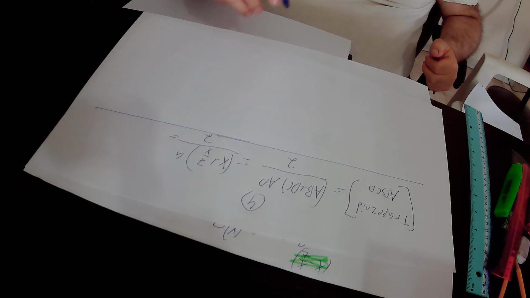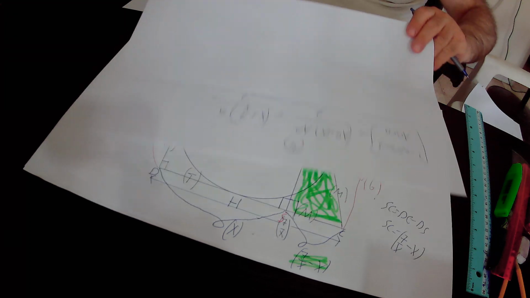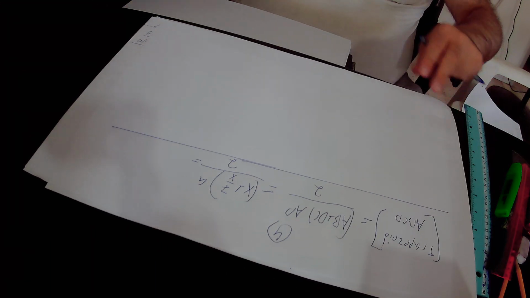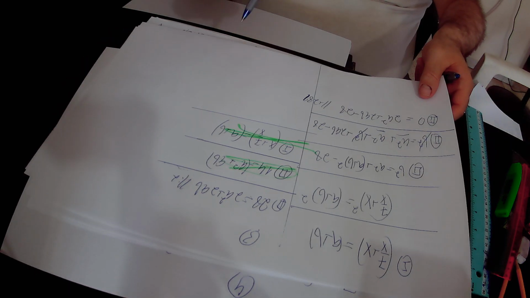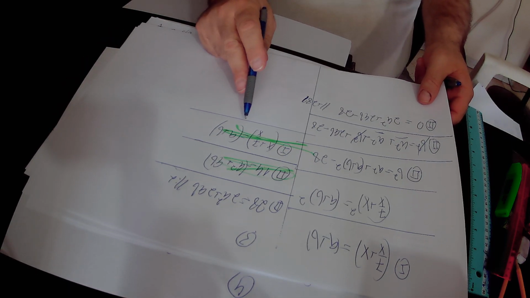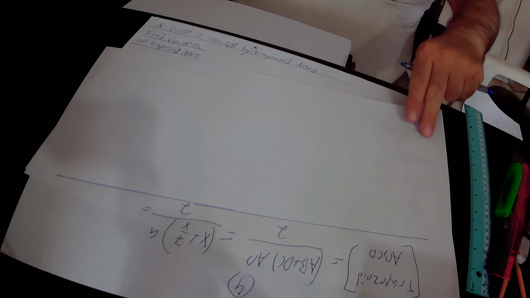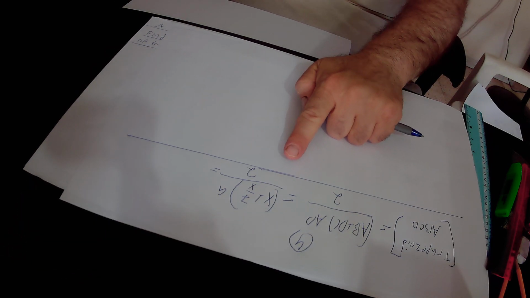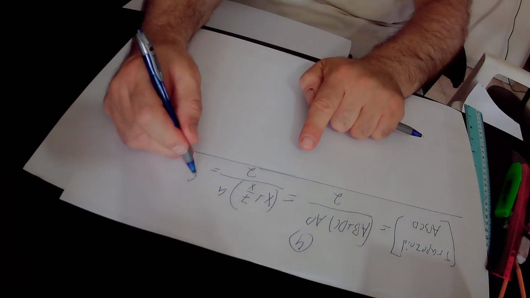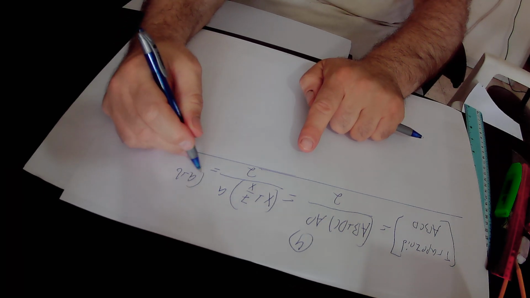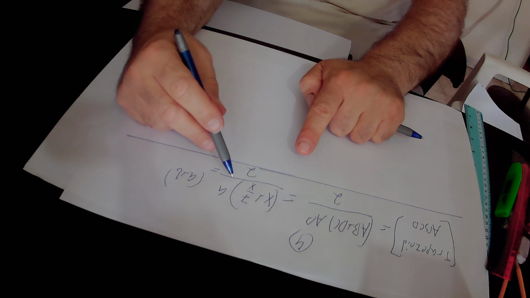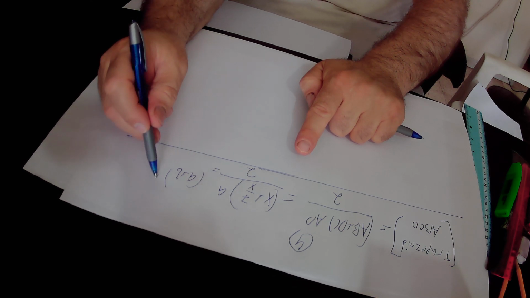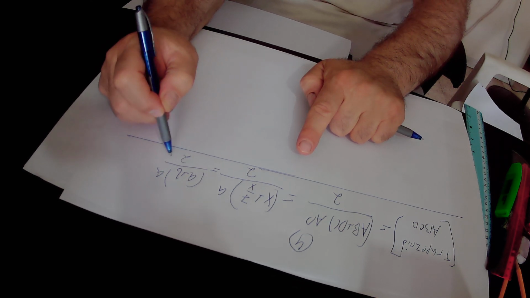But according to equation 1, we have found that x plus 7 over x equals A plus B. Therefore, we substitute x plus 7 over x in this expression by A plus B. So in total, this expression equals A plus B times A over 2.